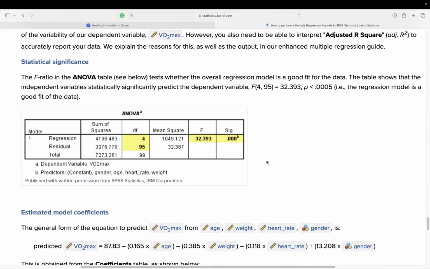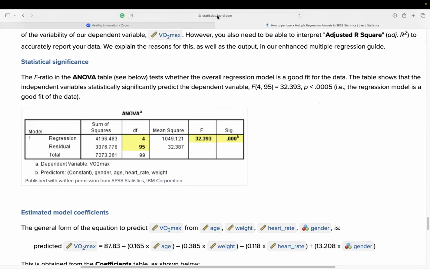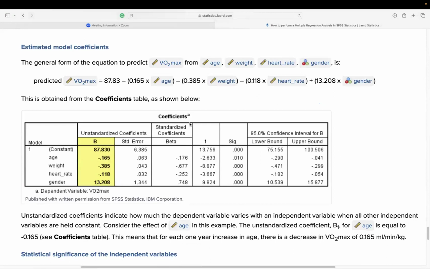But anyway, let's take a look at this. In this example, was this a significant model? Were these variables able to predict the dependent variable, which is maximum oxygen output? Did gender, age, heart rate, and weight significantly predict the dependent variable? Yes or no? You're looking at something now and you're able to discern what this means. Remember, we don't know anything about the specific predictors, but now look at the coefficients.